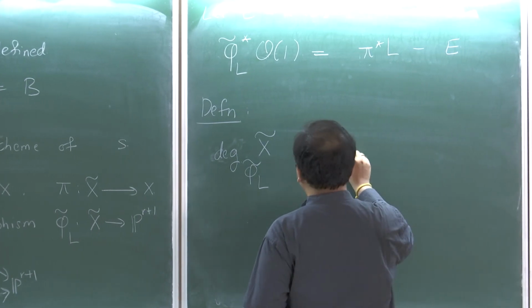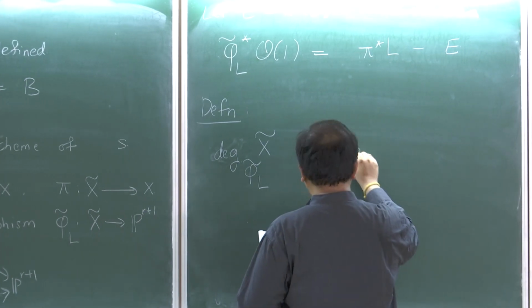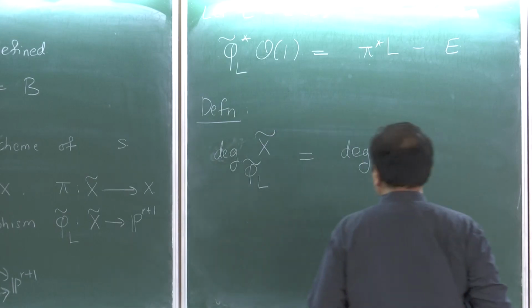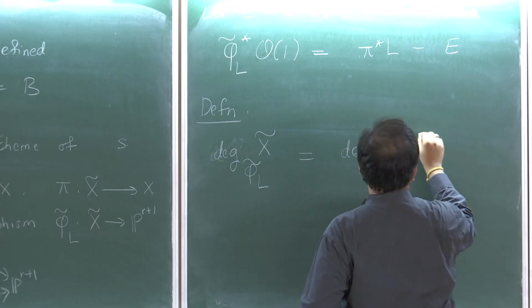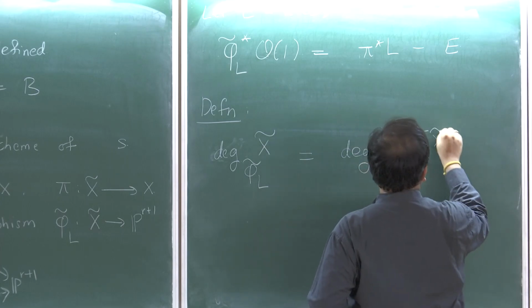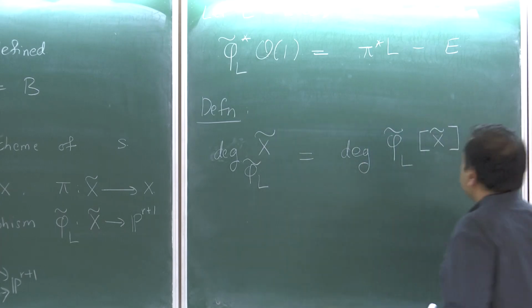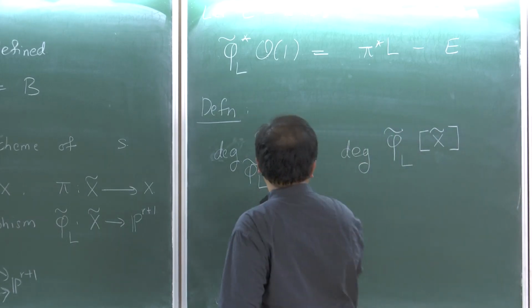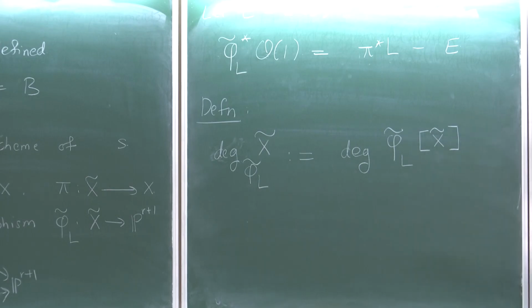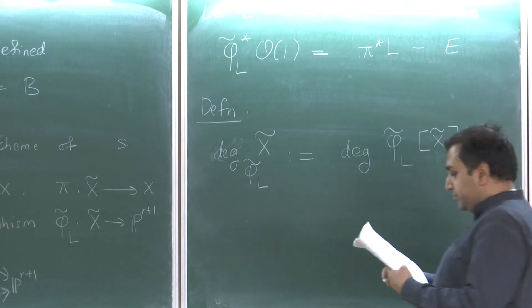I should define what this is. This is the degree of phi L tilde of the fundamental class of X tilde. This is the definition, and I would like to get an expression for this.